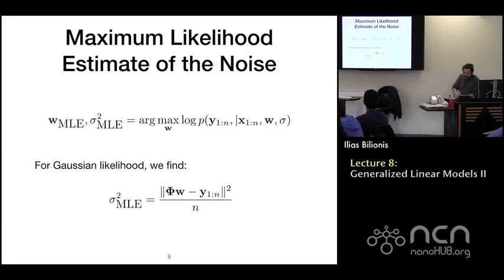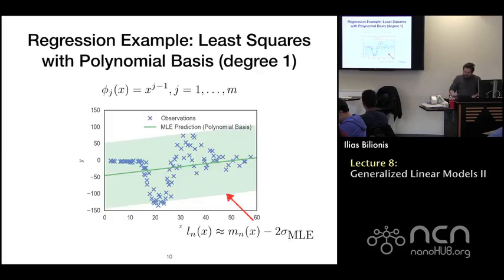All right. So when we said that we're going to be maximizing the likelihood to find all the parameters, including the weights and the variance, with that we were able to estimate the noise level. And using this information, we can come up with error bars, lower bound and upper bound for our prediction.